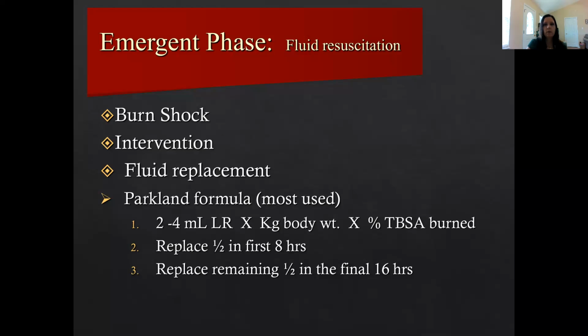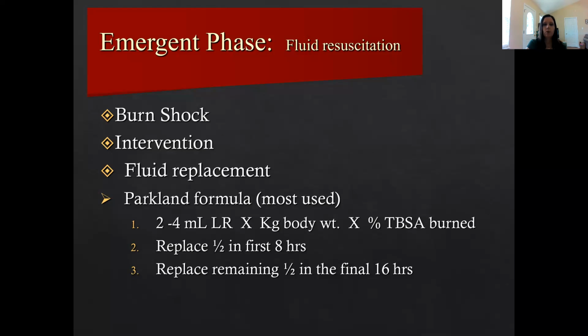So with the fluid resuscitation, the most commonly used formula is our Parkland formula. The Parkland formula states 2 to 4 mLs of LR, because that's the fluid of choice, most mimics blood or plasma, times our body weight in kilograms times our TBSA burned. So how much body surface area burned.